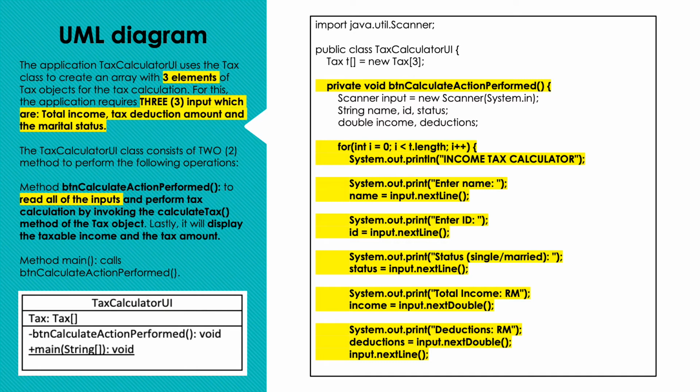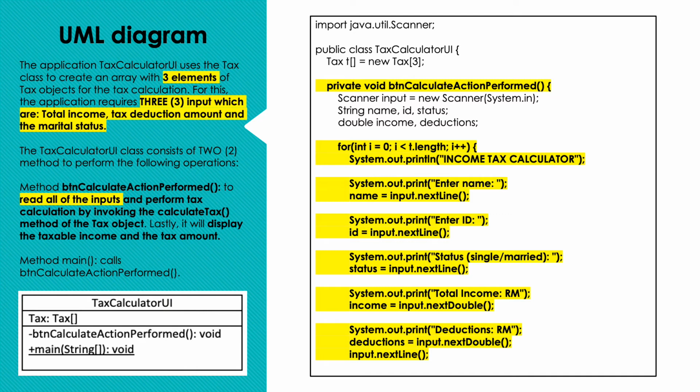So now we only have one input. We need to ask for another input. So we will ask the user to enter the ID. So System.out.print, enter ID. And then we have another local variable called ID. So I wrote here ID equal input.nextLine. And then we ask the user to enter the status. So I wrote status equal input.nextLine.